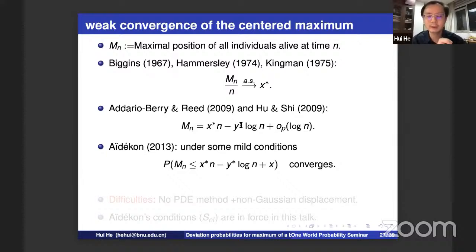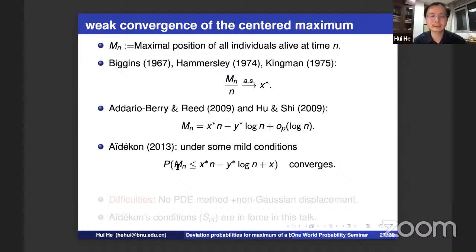Please remember that the form is different, but the basic idea behind it is the same. We need the step size to be non-lattice, and also we need the offspring law to satisfy the so-called n log n squared condition, and the step size to satisfy the exponential moment condition.